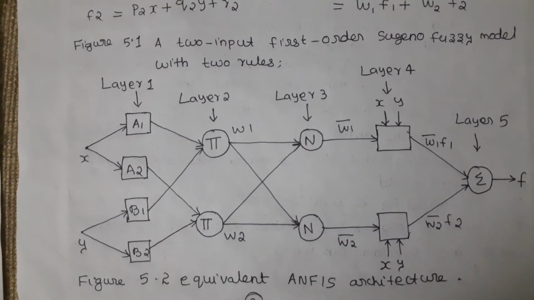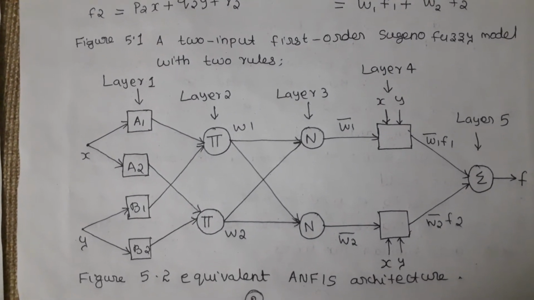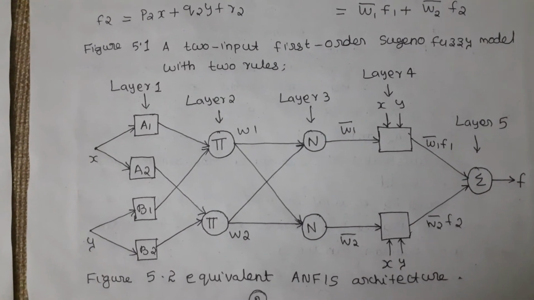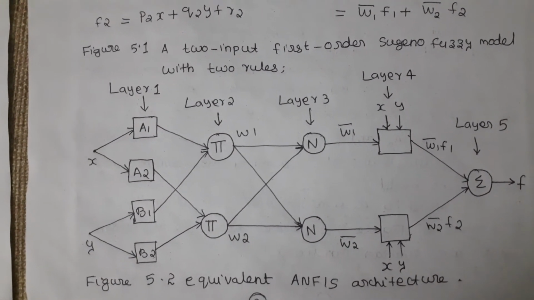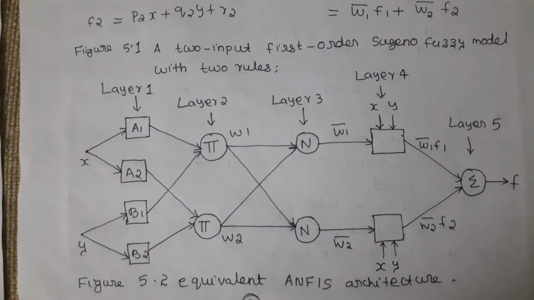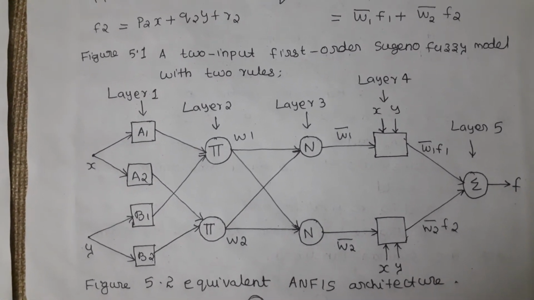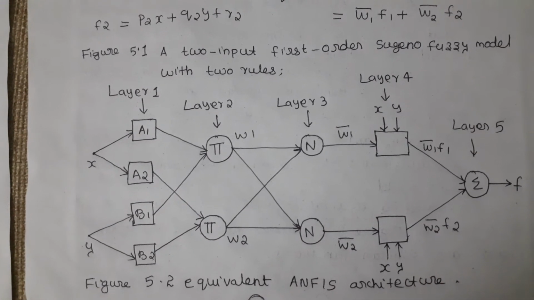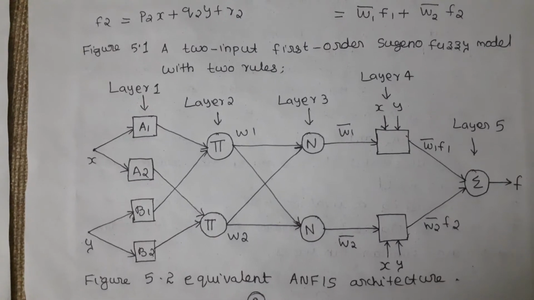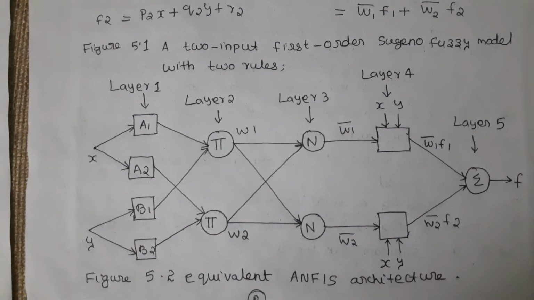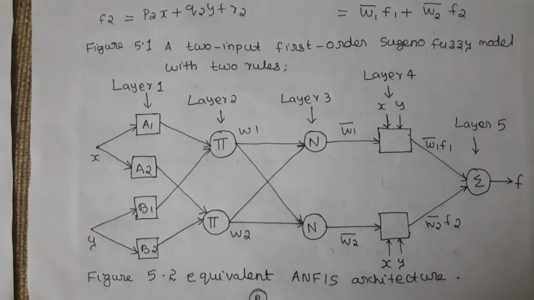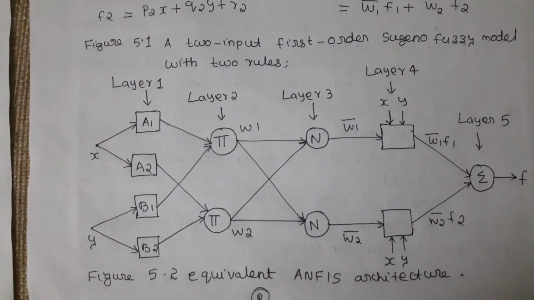We have two types of output, the expected output and the observed output. The difference between them is the error signal, and we square this error and use it to update the consequent parameters.